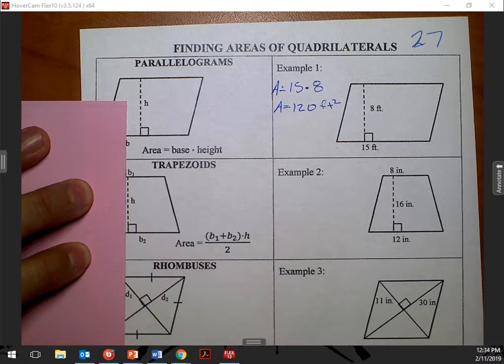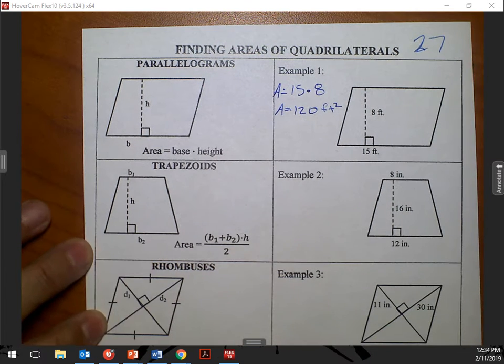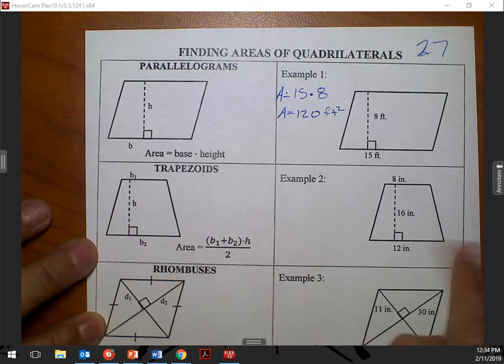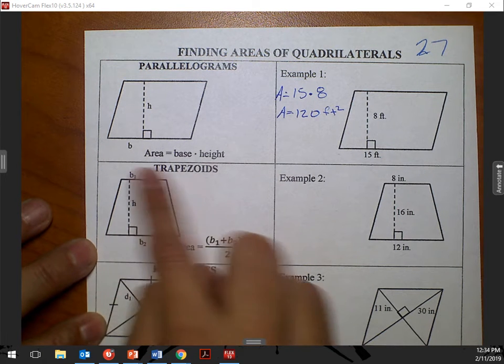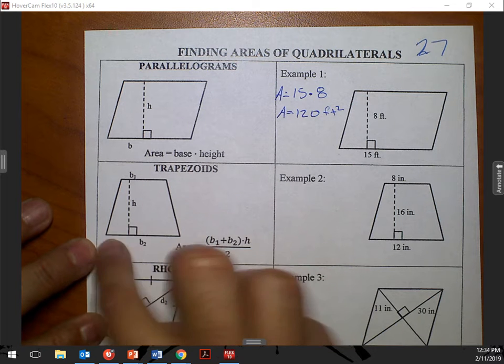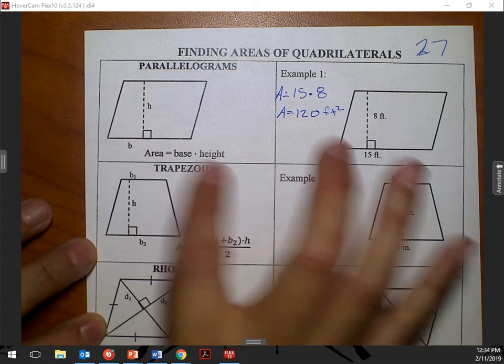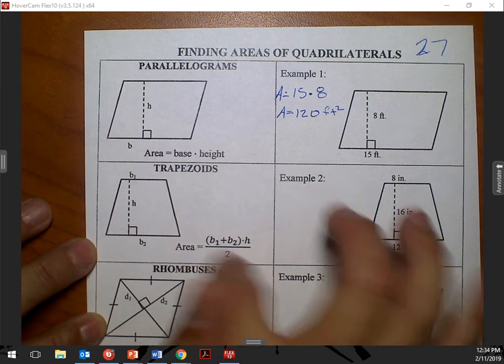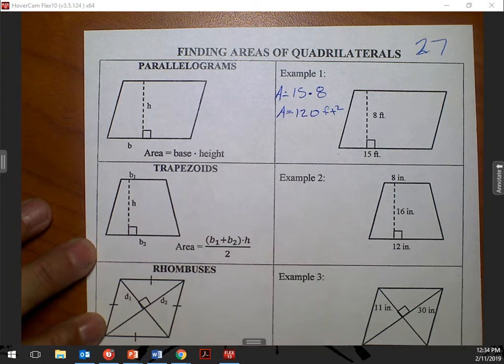So the height, again, has to be straight up and down. And my B1 and B2 are my sides that are parallel to each other. I add those two together, multiply by half, then times the height.